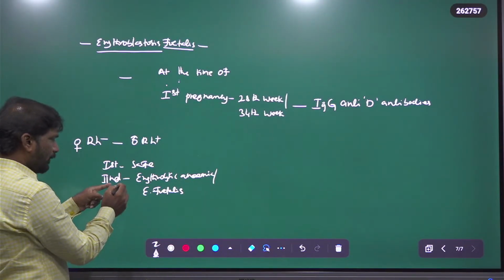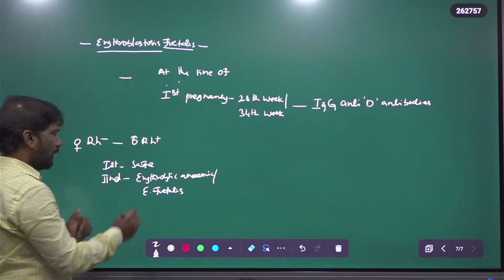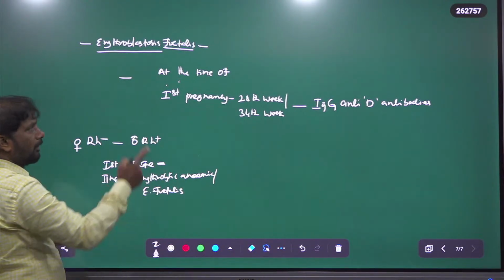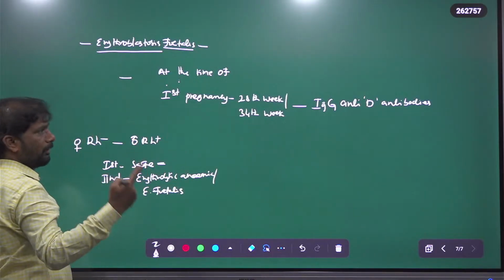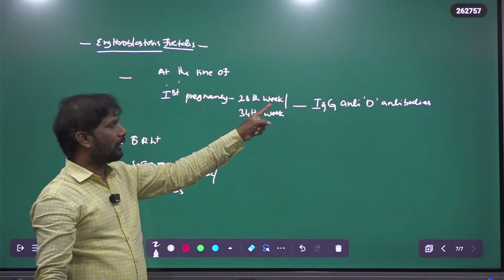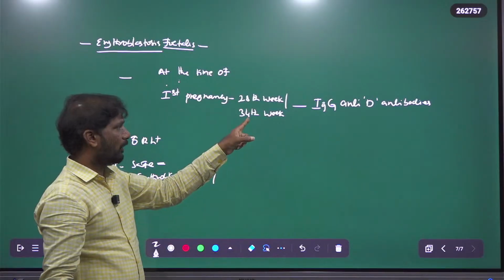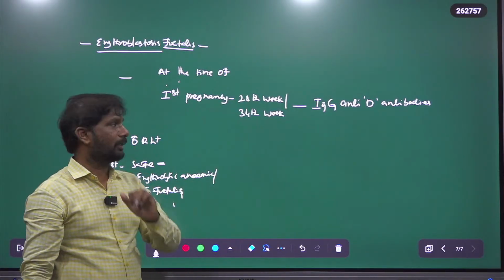So, to prevent the disease in the second baby, at the time of the first pregnancy, that means the 28th week or 34th week of the first pregnancy.